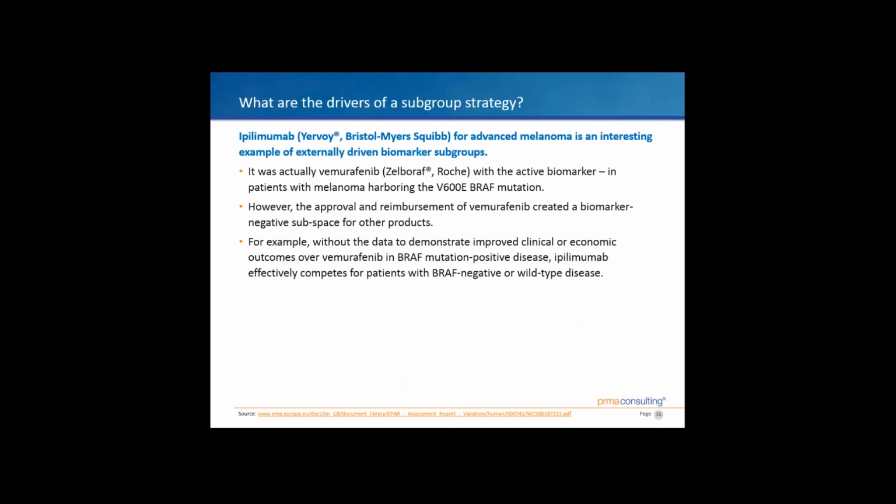This example is interesting because it's the example of ipilimumab in advanced melanoma, but the biomarker is vemurafenib. Vemurafenib, as many will know, is appropriate for patients with the BRAF mutation, but vemurafenib's efficacy and existence exposes what I'm calling the biomarker negative subspace.